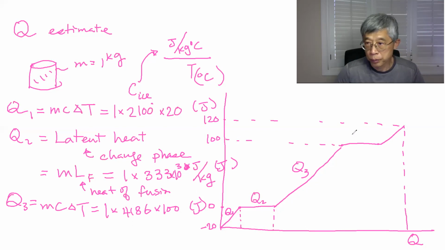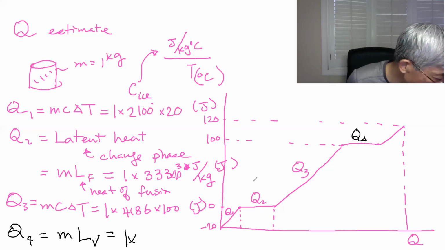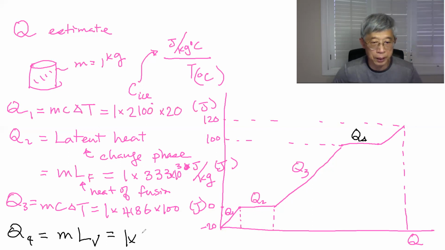And then Q4. Q4 is for vaporization. So Q4 is similarly equal to m LV. So it's 1 times LV. Water actually has higher specific heat, but ice and vapor is a little less.